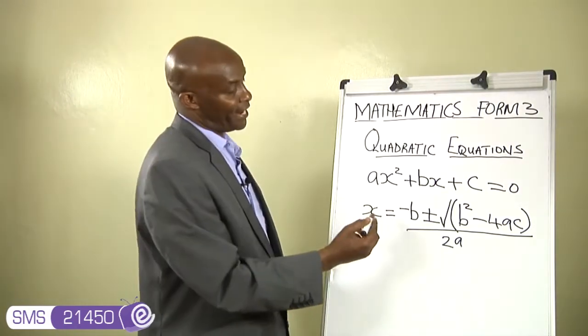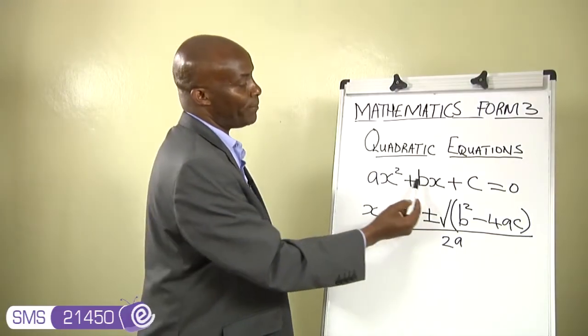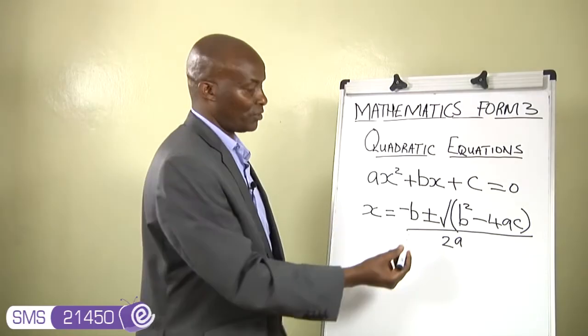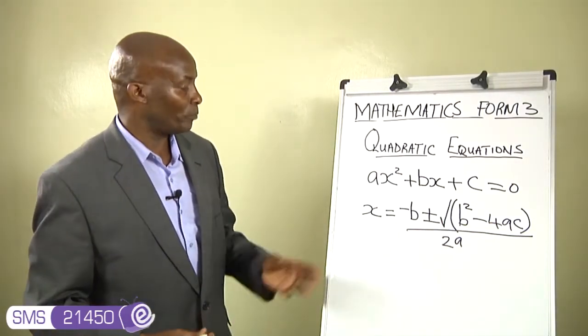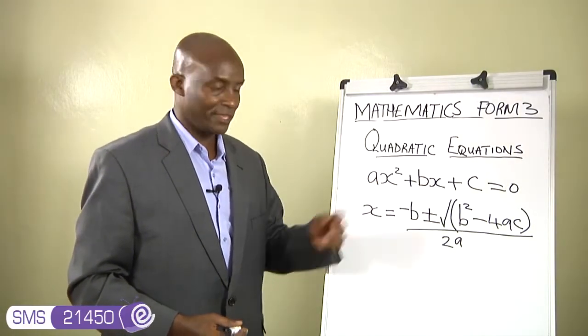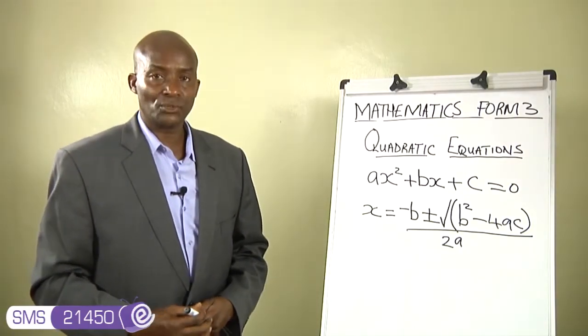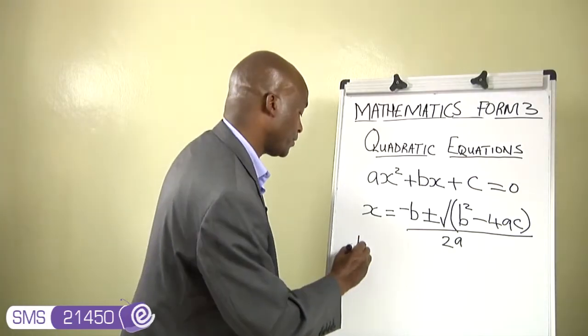Generally, in a quadratic equation, we will know the values of a, b, and c. Therefore, when you substitute those values in this formula, you'll be able to obtain the values of x that satisfy the equation. Now, in this lesson, I want us to discuss the nature of the roots.